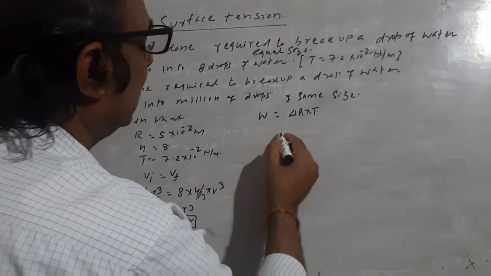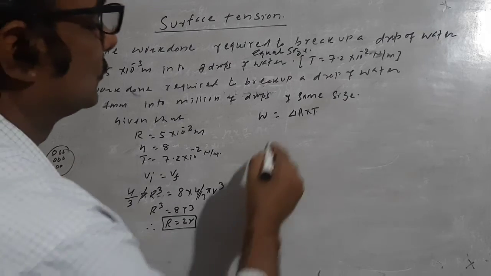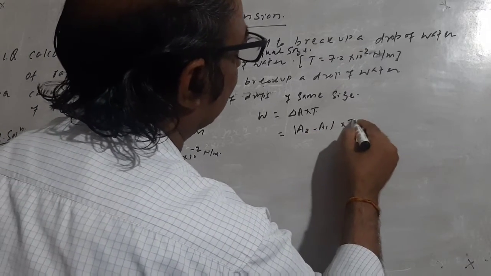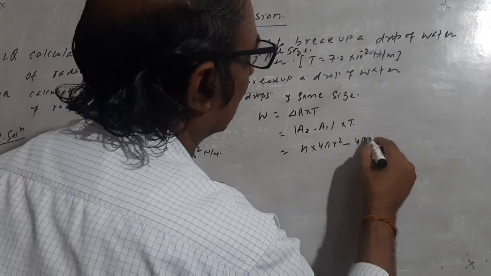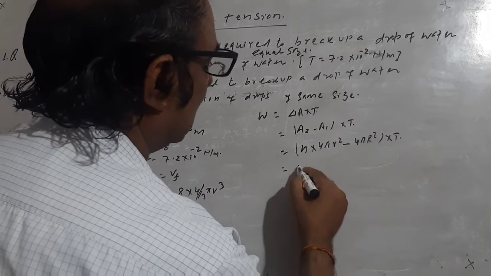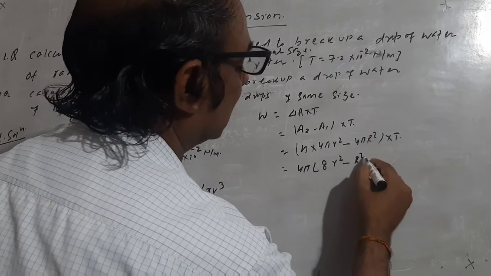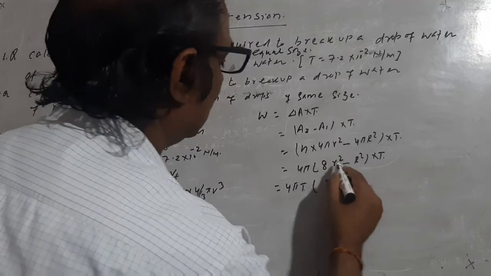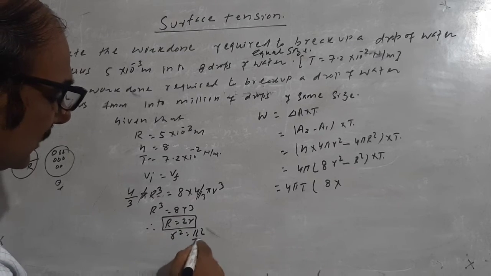Change in area means the area of n times the smaller drop minus the area of the bigger drop: A2 minus A1, into T. A2 means n into 4 pi r square, minus 4 pi capital R square, into T. Substituting, 4 pi n means 8 of r square minus capital R square into T. So 4 pi T, and with r converted into capital R, r equals R by 2, so r square equals R square by 4.